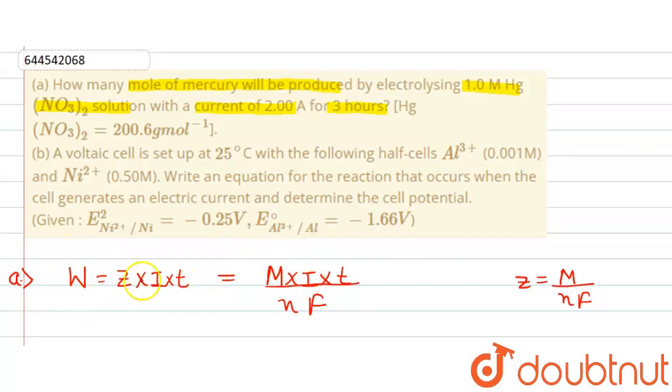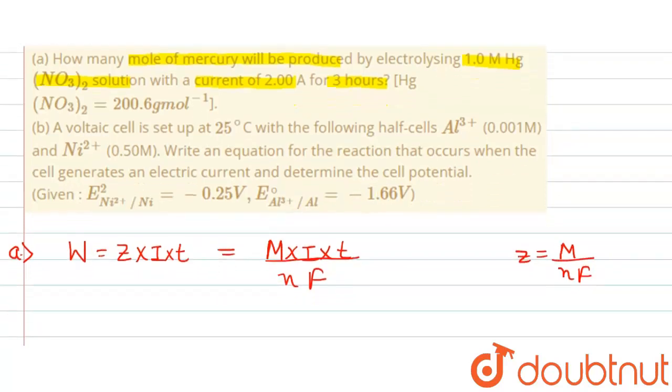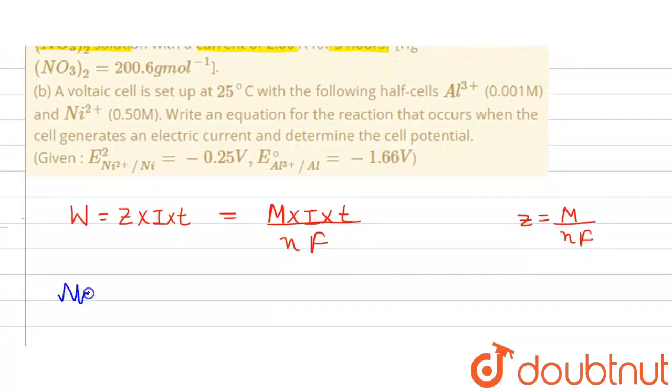As we know that the mass divided by molecular mass is equal to the number of moles, so we can write number of moles is equal to given mass divided by molecular mass, that is W divided by M. So from this formula, its value will become I into T, current into time, divided by N into F.